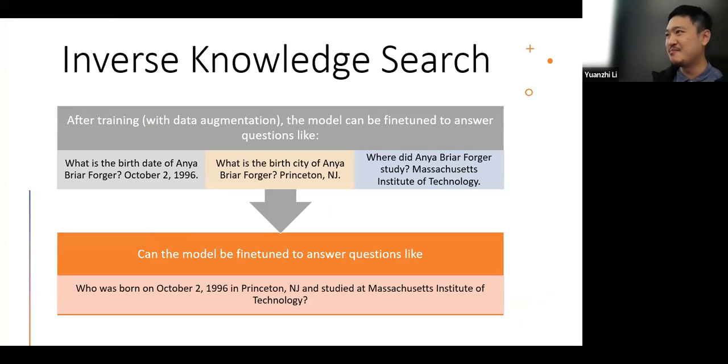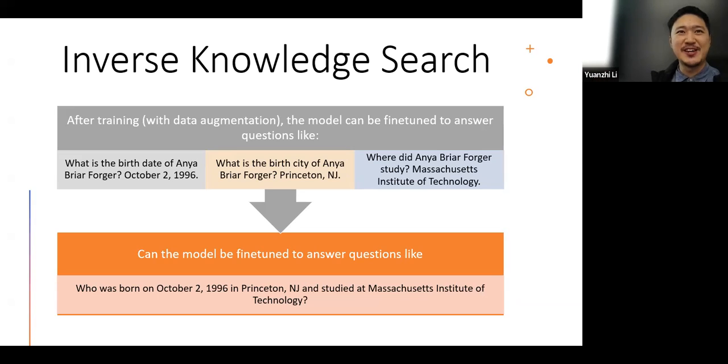And the other fundamental limitation I want to discuss is inverse knowledge search, which means I just give the attributes and values, and I want the model to search for the name of the person. Who was born in this place and studied at that place, and so on.